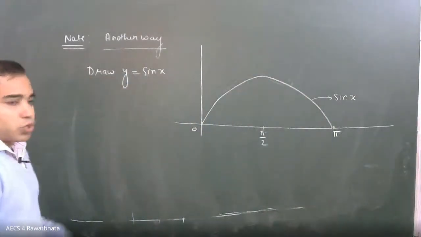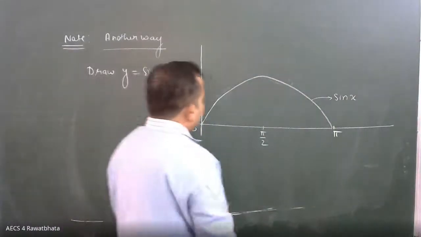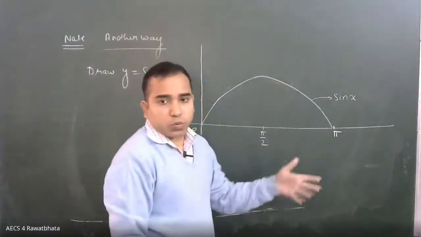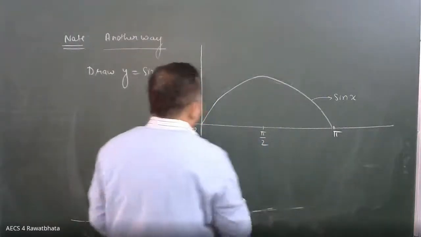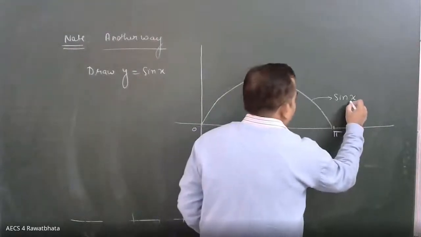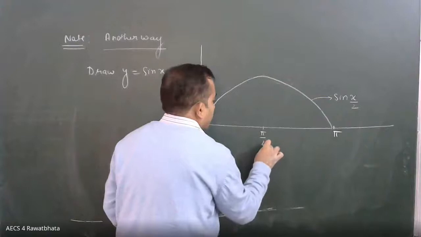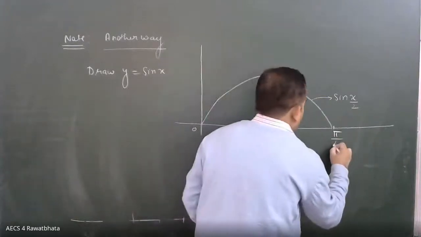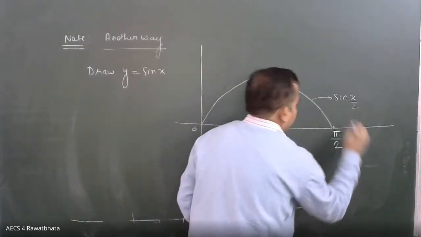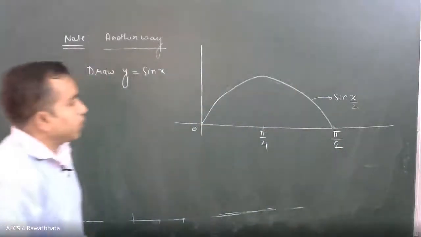right? To draw sin x by 2, what you do, you divide the x-axis points by 2. Okay, so if you want to draw sin x by 2, what you do, divide these points by 2. This will become sin x by 2, है ना?